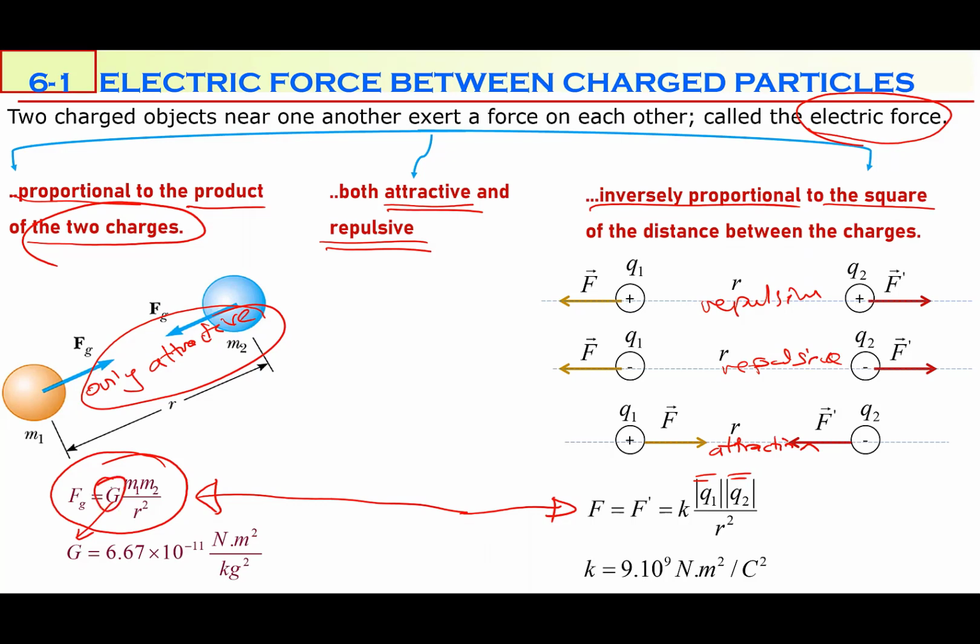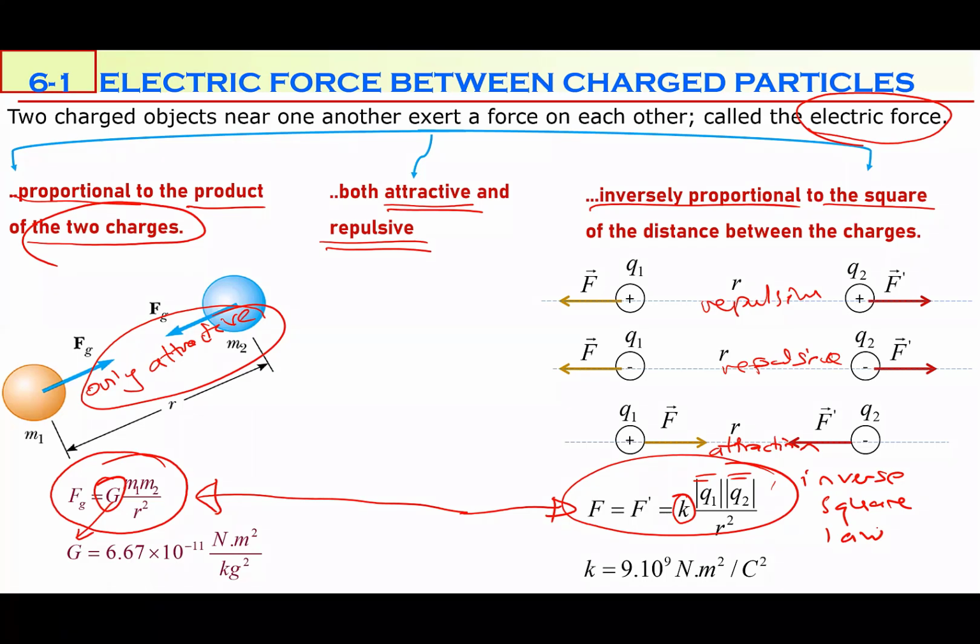Here we have capital G for the universal constant. In electric force, we have K as the universal constant, which is 9 times 10 to the power 9 Newton meter square per coulomb square. So equations are very similar. This is also an inverse square law, just like the universal law of gravity.